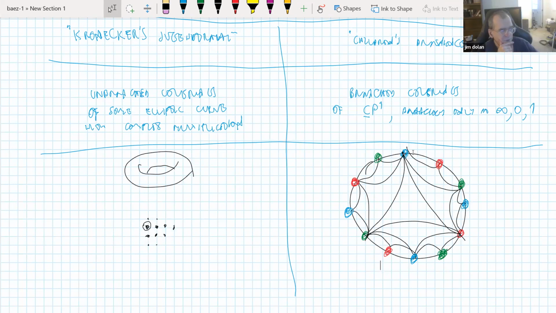And there's things that are a lot like the whole algebra of modular forms. This is even more general than that.